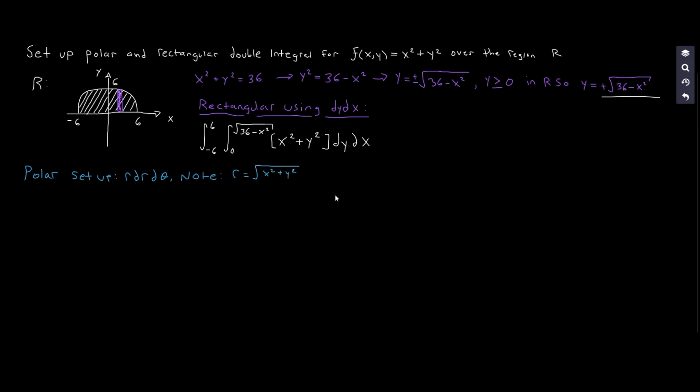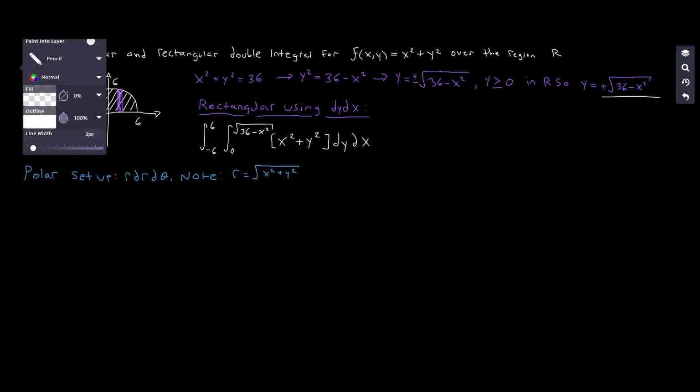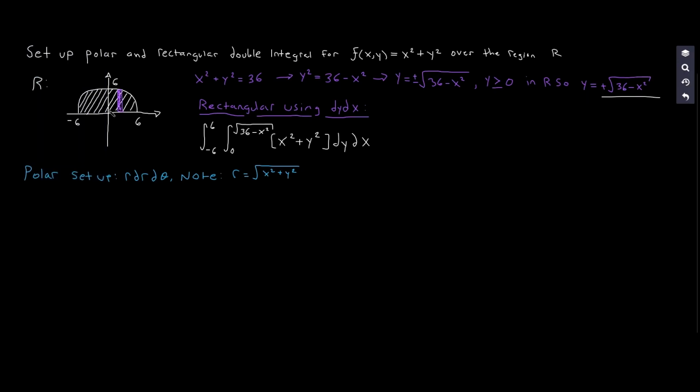So here we look at this in polar coordinates. That means it's the sixth concentric circle out, so r is going from 0 to 6. There would be 6 concentric circles: 1, 2, 3, 4, 5, 6.